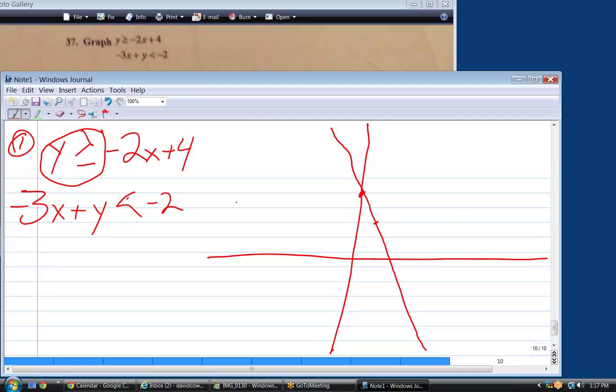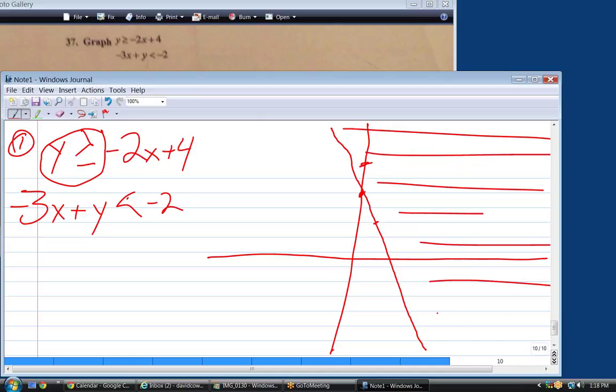In other words, rather than using terminology left or right, which is very confusing, let's use terminology above or below, because we're always talking about the y-axis here. So we're never really talking left or right. We're always talking above or below. Well, if you tell me above that line, I'm going to go to the y-axis, I'm going to find a point above that line. That tells me that this is where I should shade.